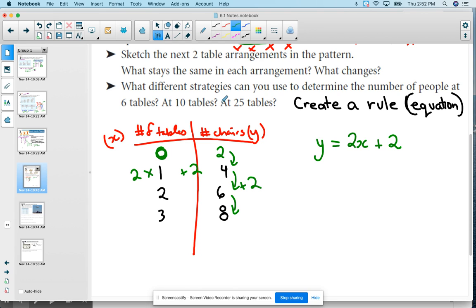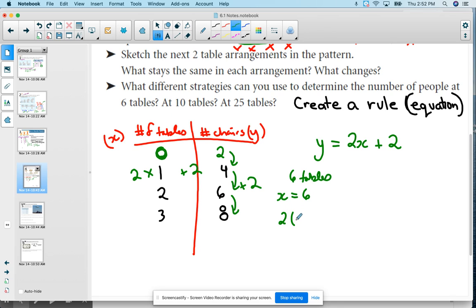So there are different strategies you can use to determine the number of people. You could notice the pattern, go up by 2's and count all the way up till you get to 6 tables, then 10 tables, and 25 tables. Or we can use our rule. For 6 tables, x is equal to 6 because x is my number of tables.